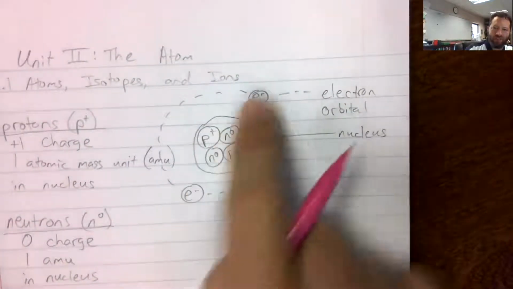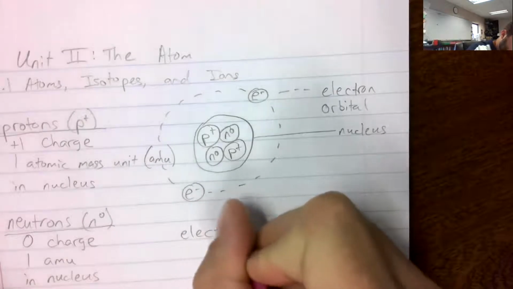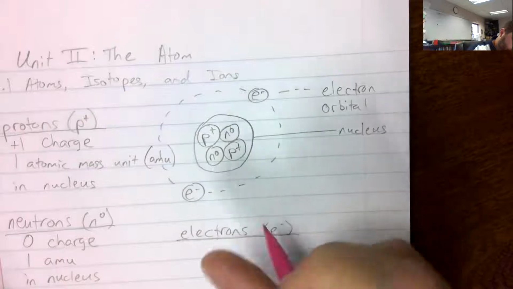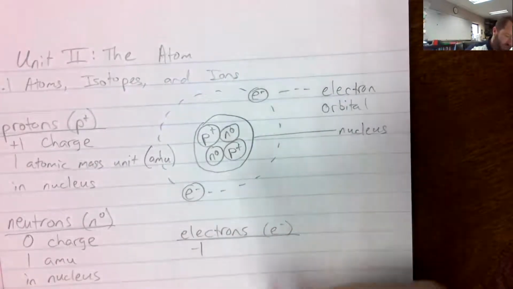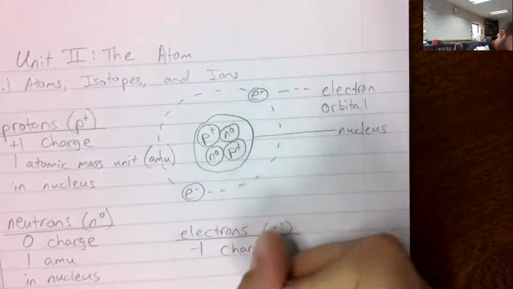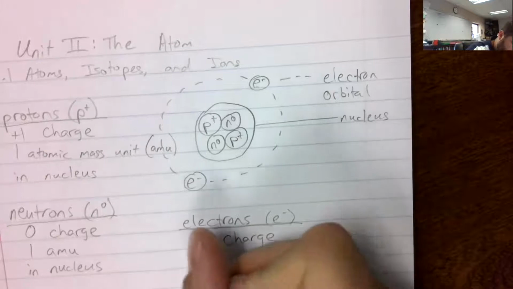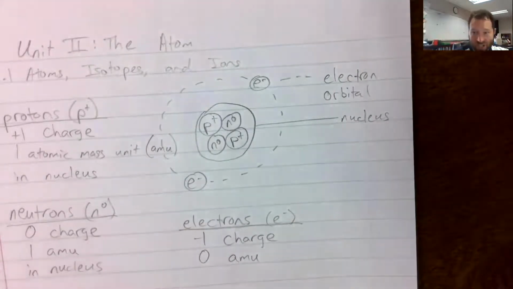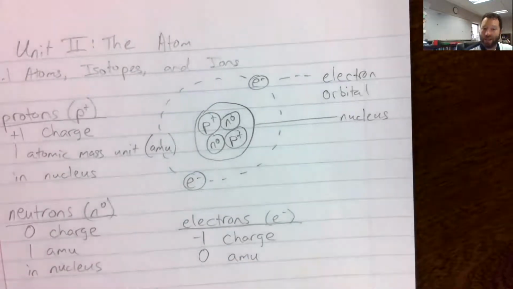All right, next up, everybody's favorite, flying around the outside, are the electrons. The reason why they're E negative is because they have a -1 charge. For this class, we're going to claim they have 0 AMU. Now, when you take physics in 2 years, you'll probably learn that electrons do have a mass.